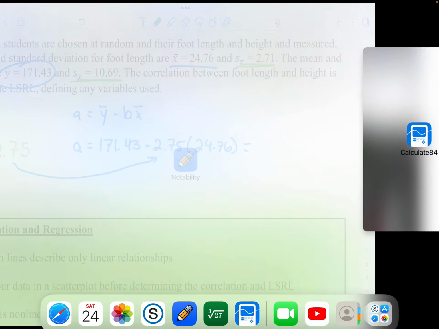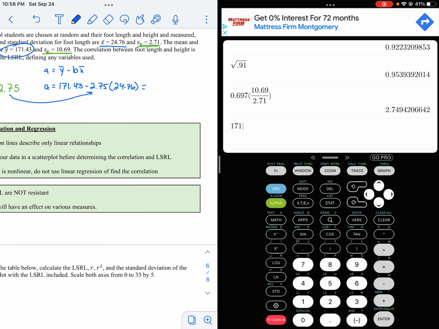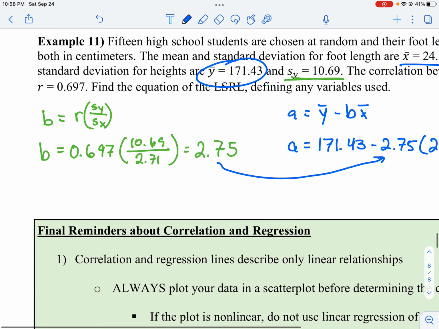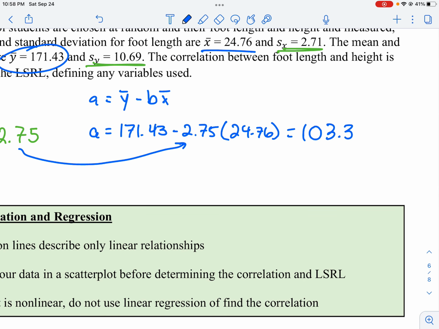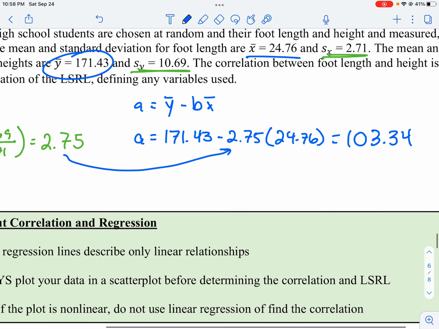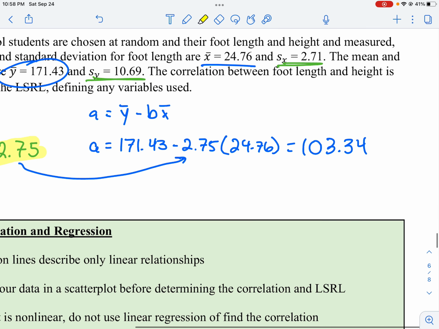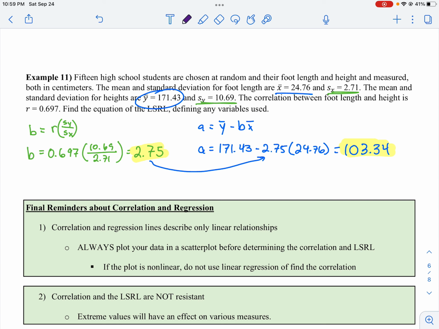So if I pull up the calculator again really quickly, 171.43 minus 2.75 times 24.76, I get 103.34. Now I have my slope. I have my y-intercept. So now I can write the equation of my least squares regression line. Y hat.